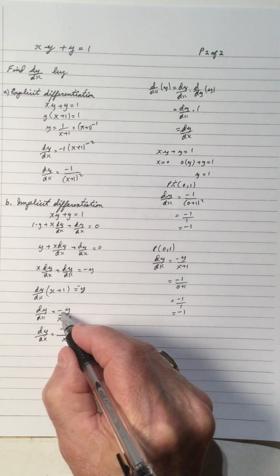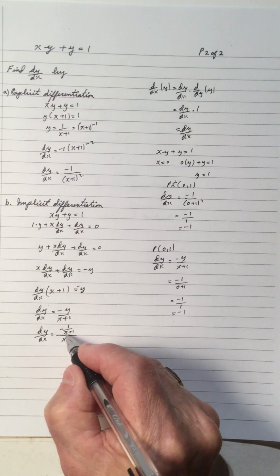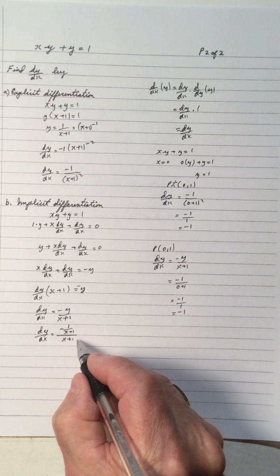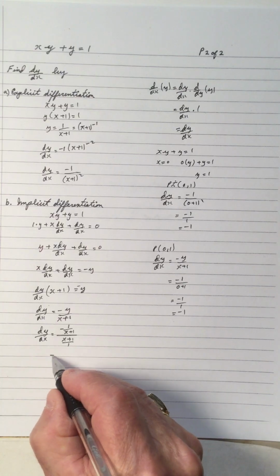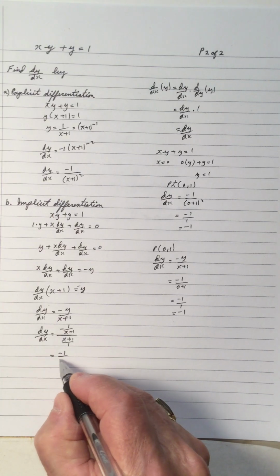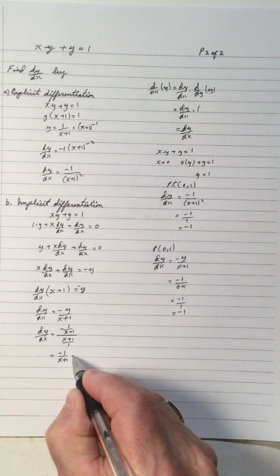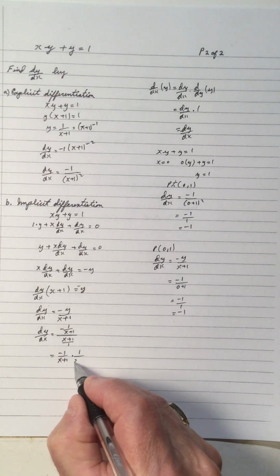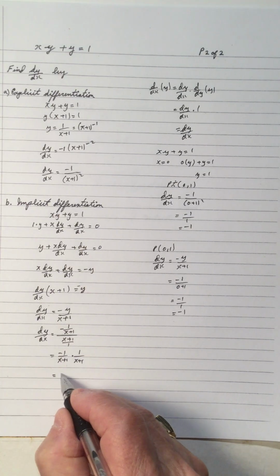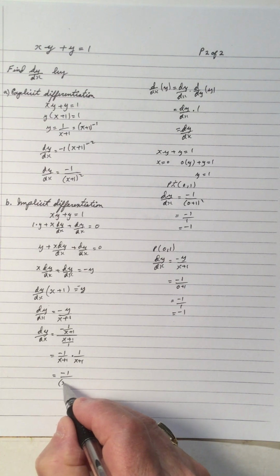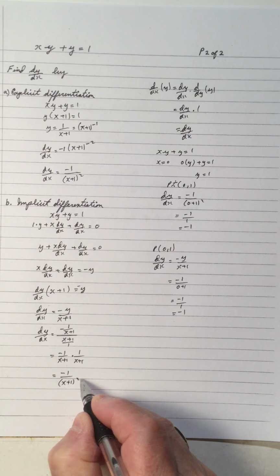Negative 1 over (x plus 1) times the reciprocal, 1 over (x plus 1), gives us negative 1 over (x plus 1) squared.